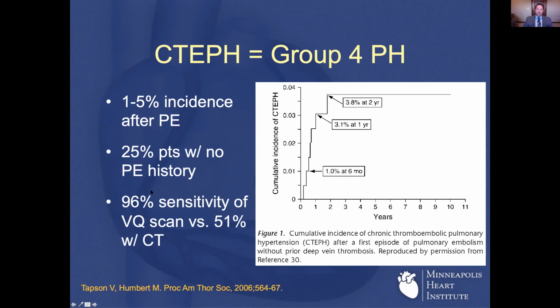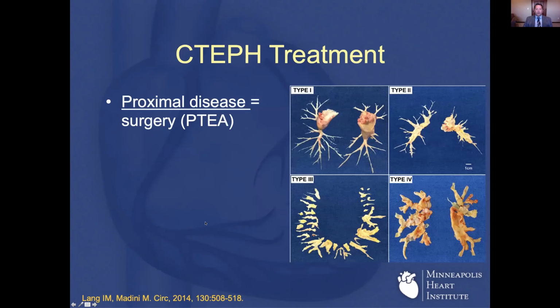And we use a VQ scan, or ventilation perfusion scan, to detect CTEPH with a 96% sensitivity compared to CT, which is only about 51% sensitive. CTEPH is broken down into proximal versus distal disease. And the reason we break it down is because proximal can often be surgically cured or optimally treated.